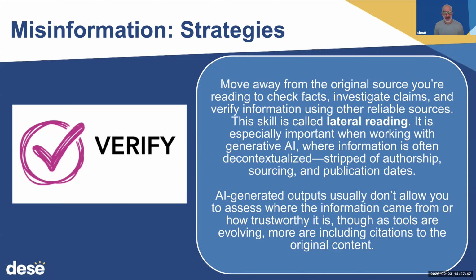So, continuing, AI generated outputs usually don't allow you to assess where the information came from or how trustworthy it is, though as tools are evolving, more and more are including citations to the original content. And this verification concept could even be valuable for an individual user who's engaging with generative AI. You can make high level requests of the tools.